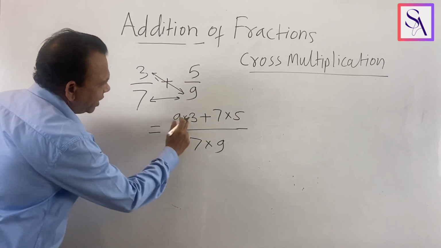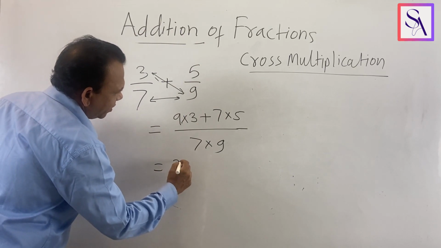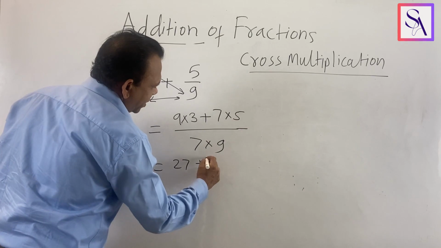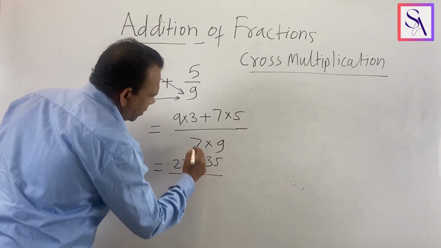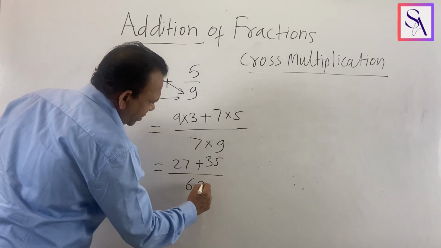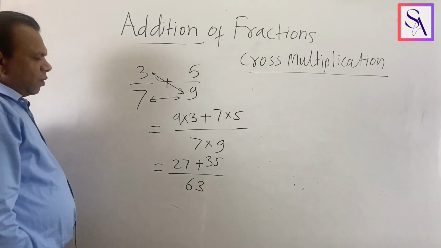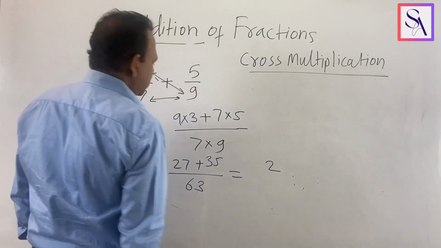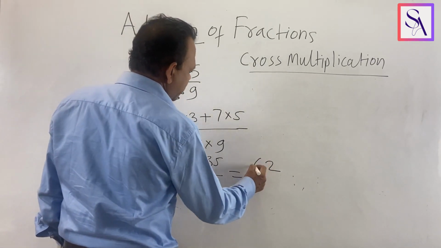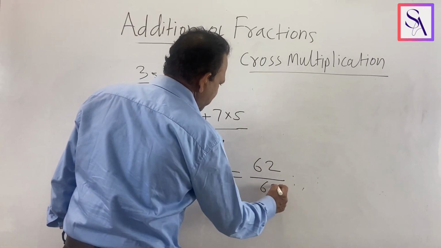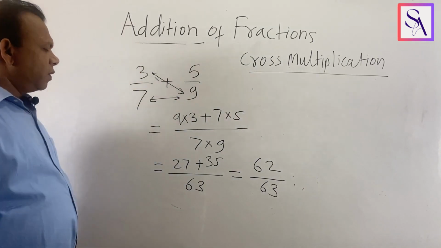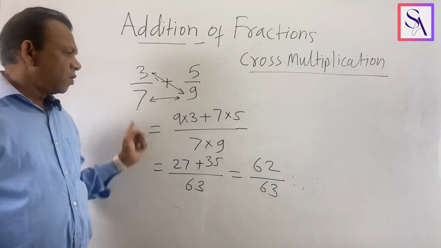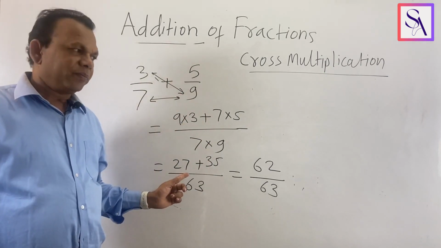So 9 3s are 27 plus 7 5s are 35, 7 9s are 63. So 27 plus 35, 62 by 63 is our answer. So this is the cross multiplication method.